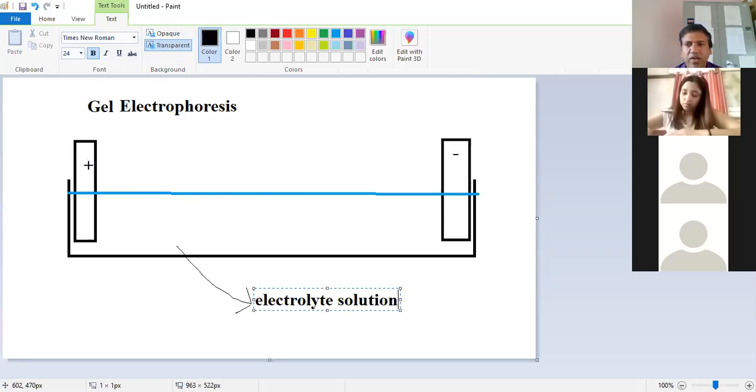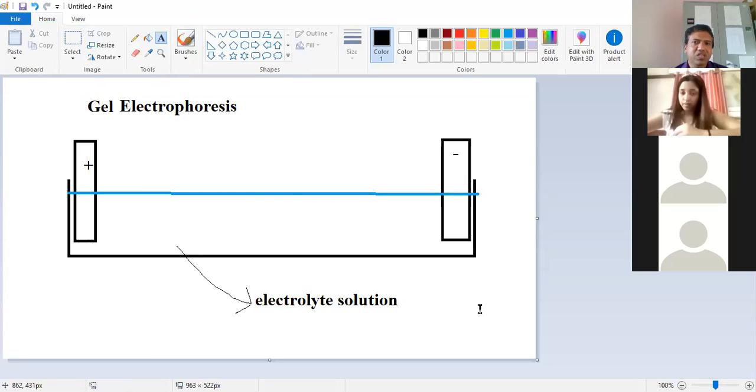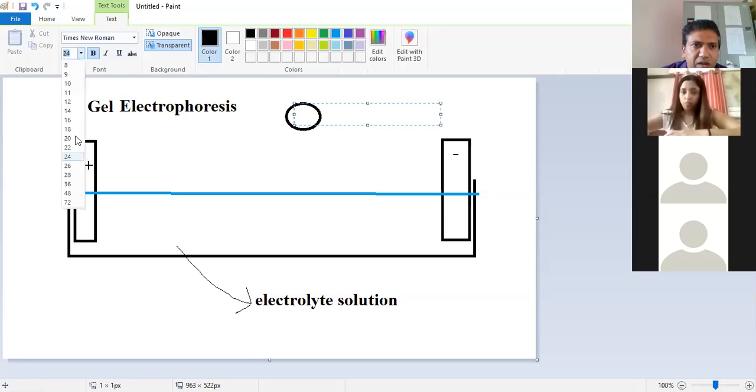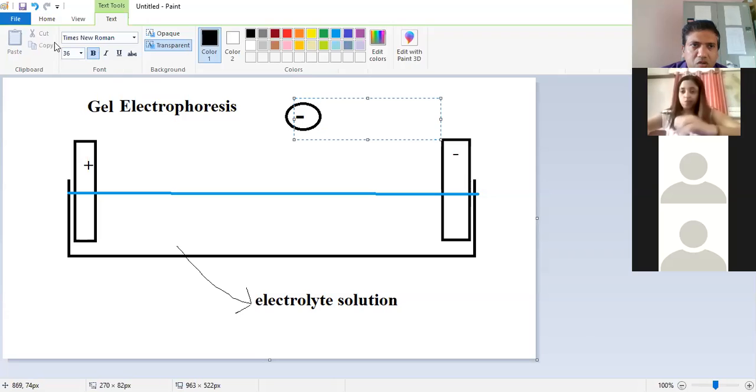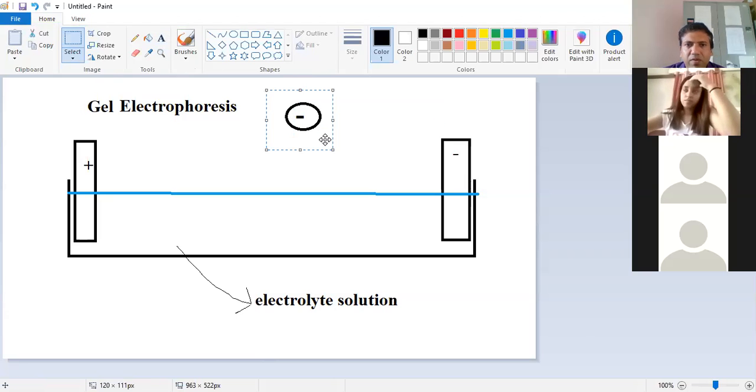Now, say we are talking about DNA or protein. These two have negative charge. Let me make the DNA here, it may be DNA or whatever it is. We have already mentioned that in electrophoresis, anions move from cathode to anode.